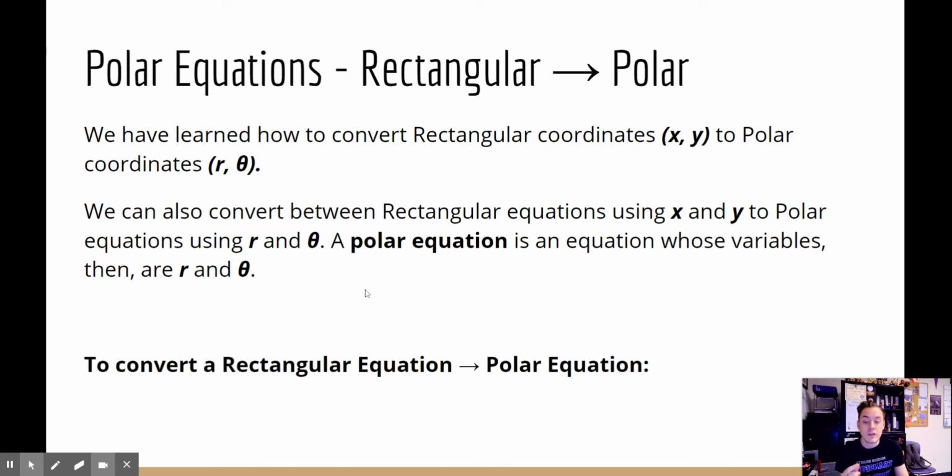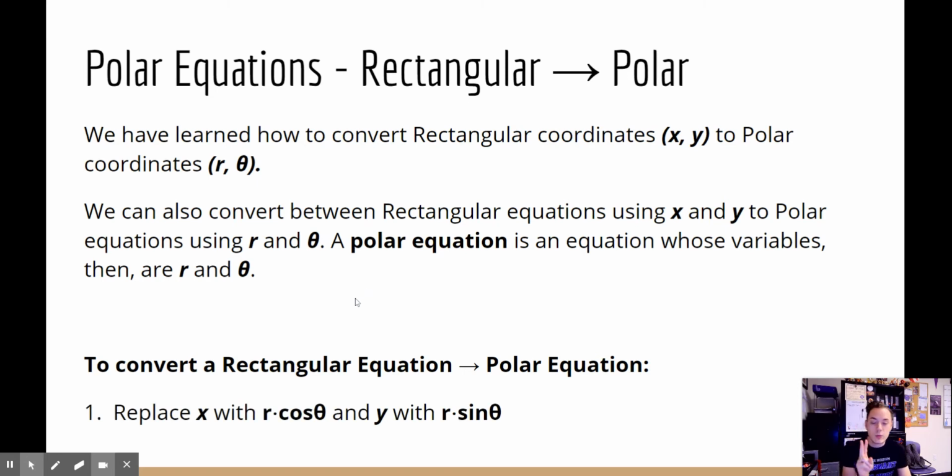Okay? So to convert between a rectangular equation and a polar equation, I have 2 real steps. The first step is to replace x with r cosine theta. So I want to try to get my rectangular equation to become r cosine theta. So I want to make sure my y's and my x's are switched out with polar terms.